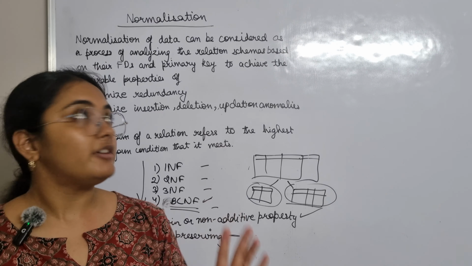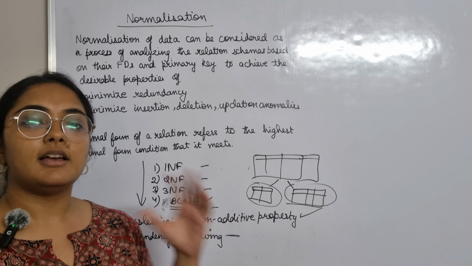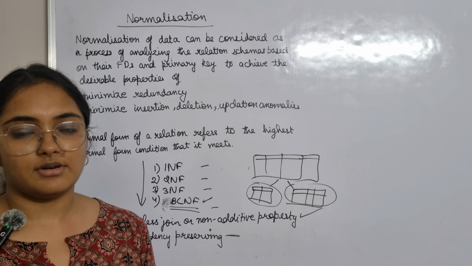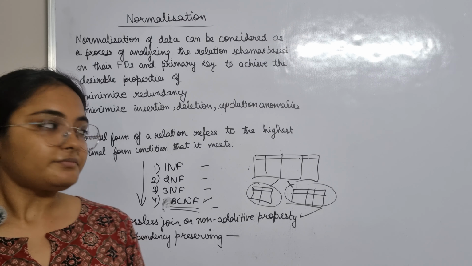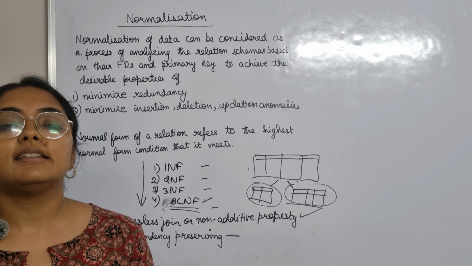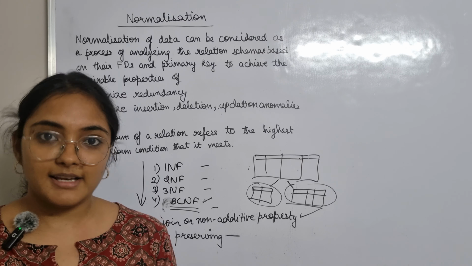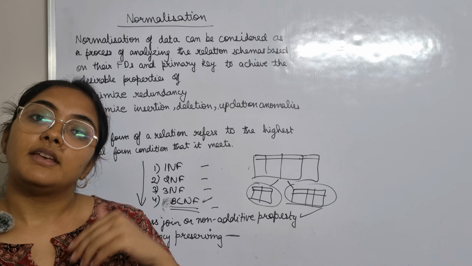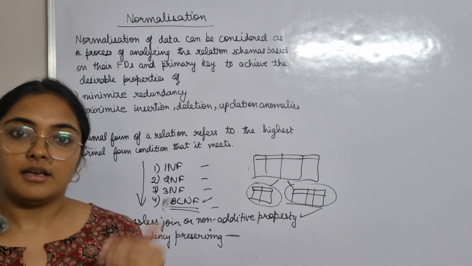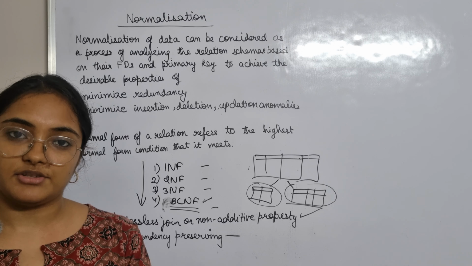Based on the functional dependencies, this entire process is carried out, where we evaluate whether the relation schema satisfies a particular normal form or not. So finally we can say that normalization of data is a process of analyzing the relation schema based on the primary key and the functional dependencies that hold on that particular relation schema.